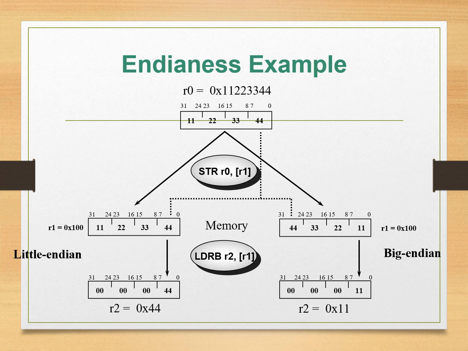But in the big endian, when you load to R2 from the location pointed by R1, it will read 11 into R2. So this is the difference between big endian and little endian.